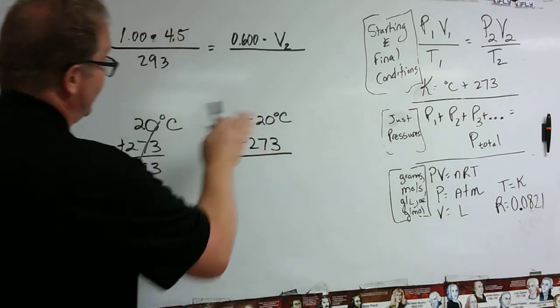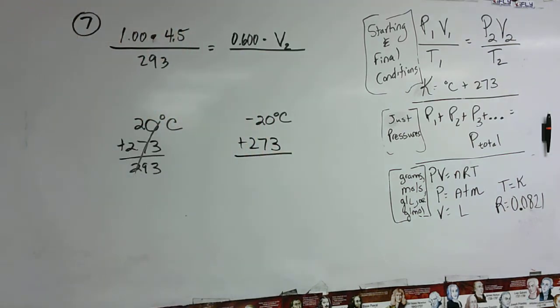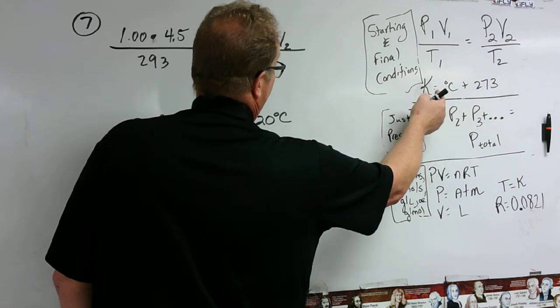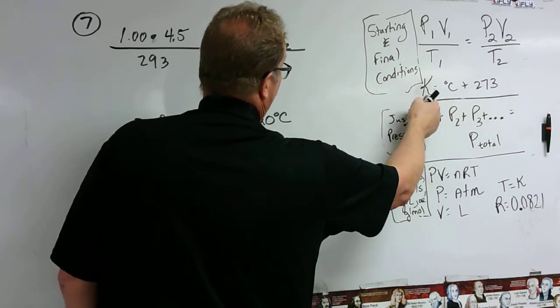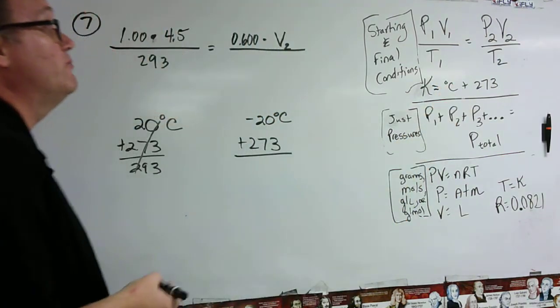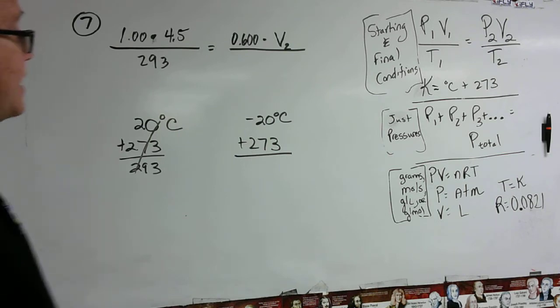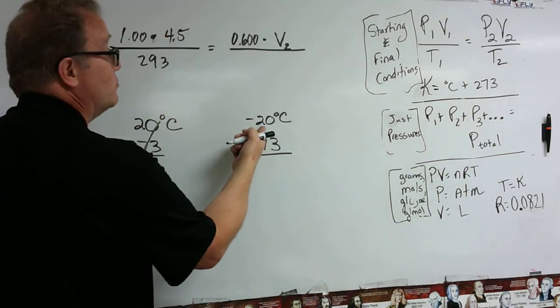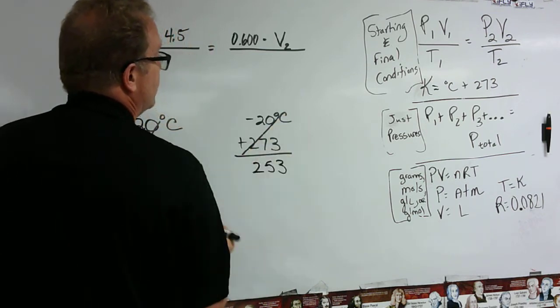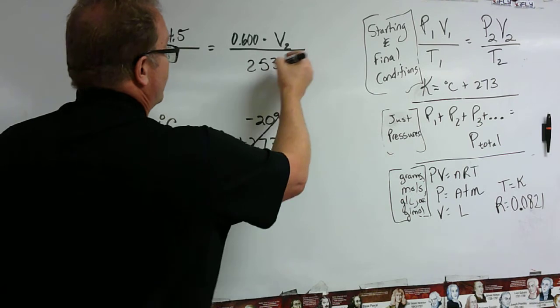Now we can have a negative Celsius as you see here, but if you're calculating, you can reverse from Kelvin to Celsius by subtracting 273. So just remember, if I'm dealing with this and I want to figure this, I have to do the exact opposite of what my formula shows. So I add these up. Just remember that this one is lowering by 20, and I got 253. That is my number that will go here.